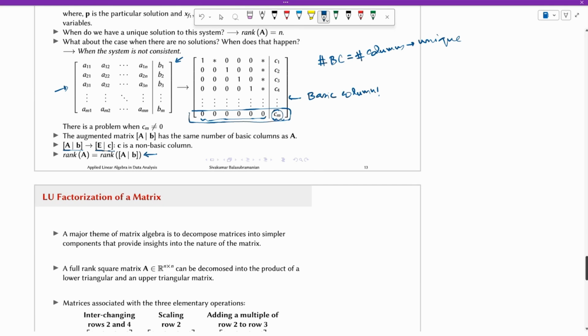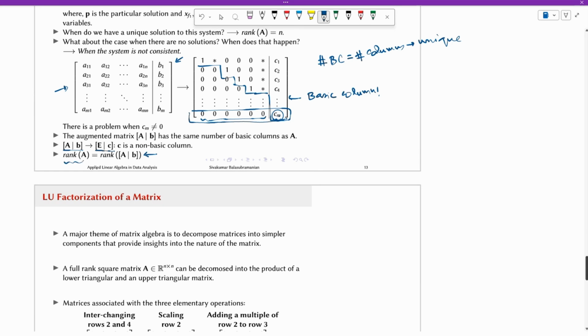Because if you see this, this has got a non-zero pivot. Everything else here was 0. So this is all 0. Then if you come here, you have a non-zero value here. So whenever the last column in the augmented matrix is a basic column, then the system of equations is not solvable. Okay, that's essentially what this means.